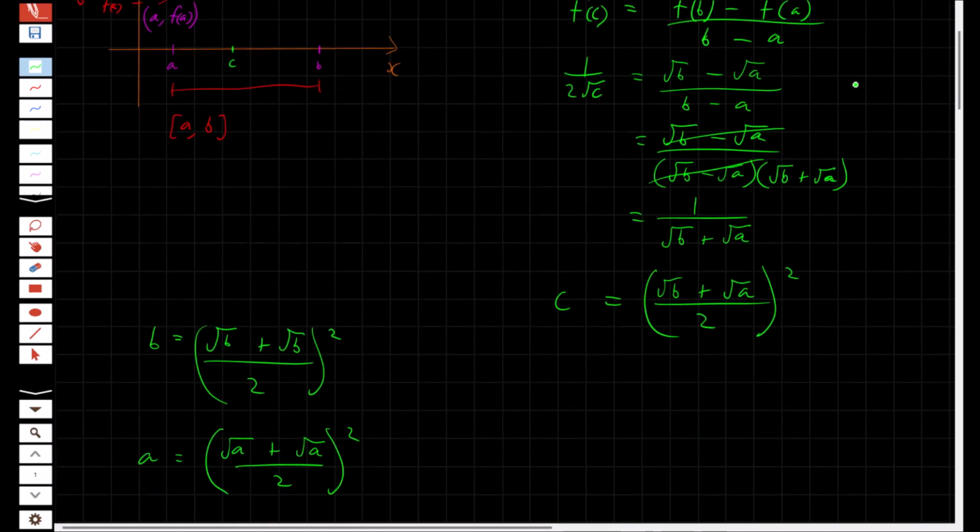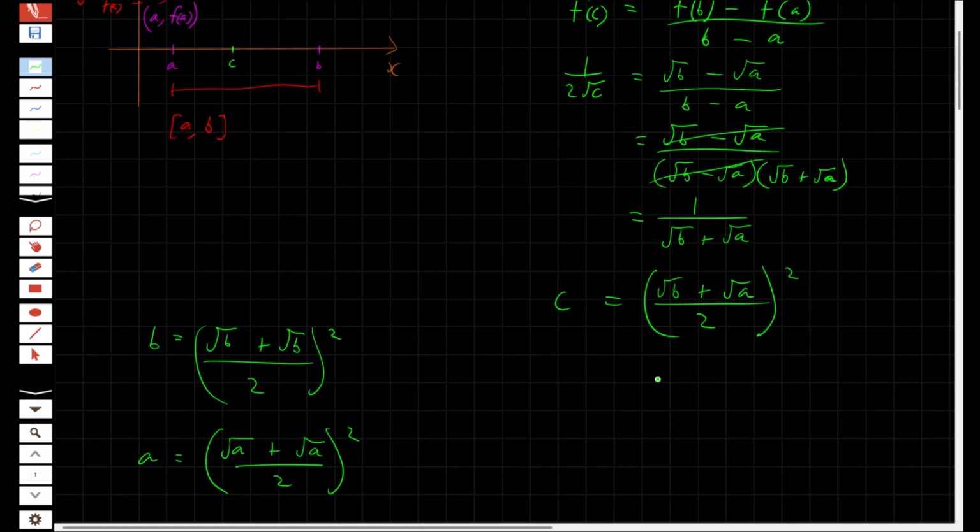So by comparing this value here with this value here, because b is greater than a, and we have two b's here, and the top line will make the whole value larger, we know that b has to be greater than c. And if we look at a here, a is smaller than b, so we know this whole value on the right hand side is less than this value here, because a is smaller than b.